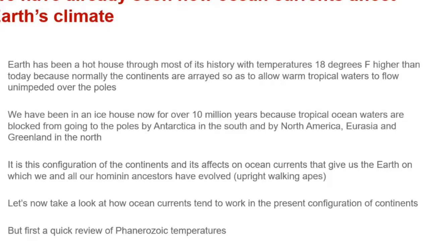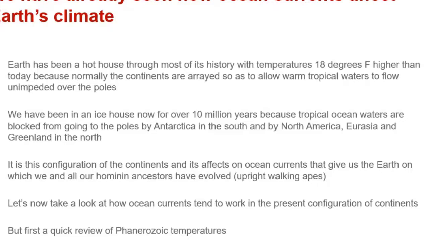So when you hear people say, what's the big deal about global warming? Earth's been much hotter than it is today. Well, it's been 18 degrees warmer throughout much of its history. We're talking about tropical type climates in the Dakotas or in Ohio. You know, the kind of climate you got in Cuba or Florida in a place like Ohio.